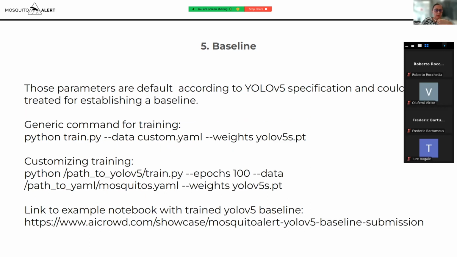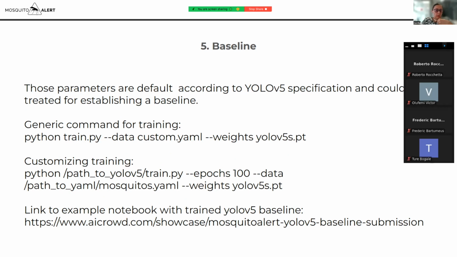According to the Ultralytics specification, those parameters are the default ones and could be used for establishing the baseline. You can also train the baseline for 300 epochs, but this takes a lot of time. And the participants can train for a bigger number of epochs if they are interested in that.